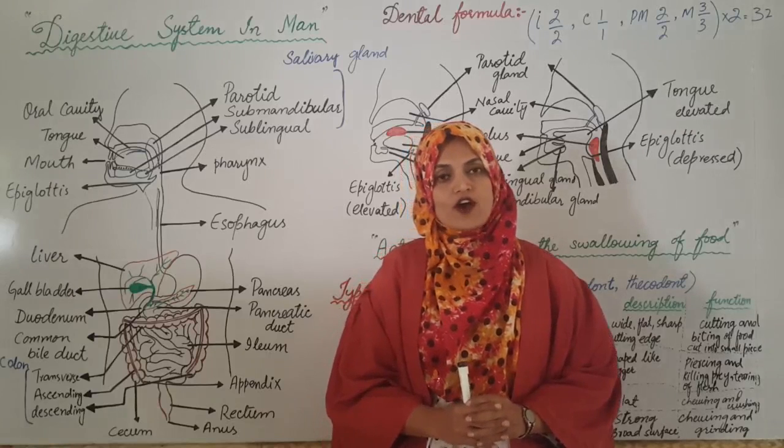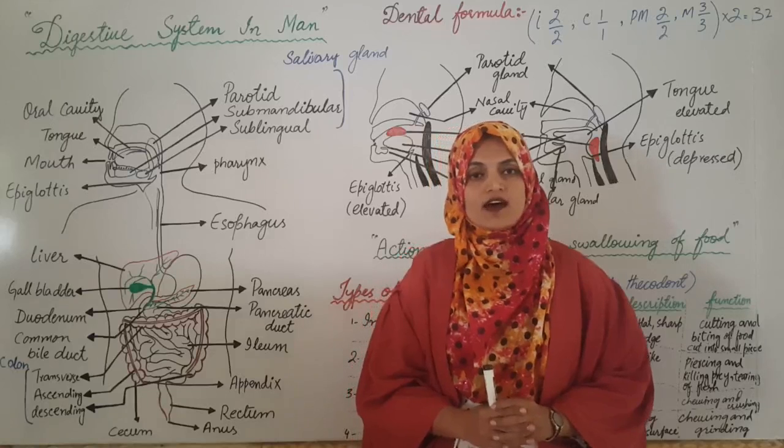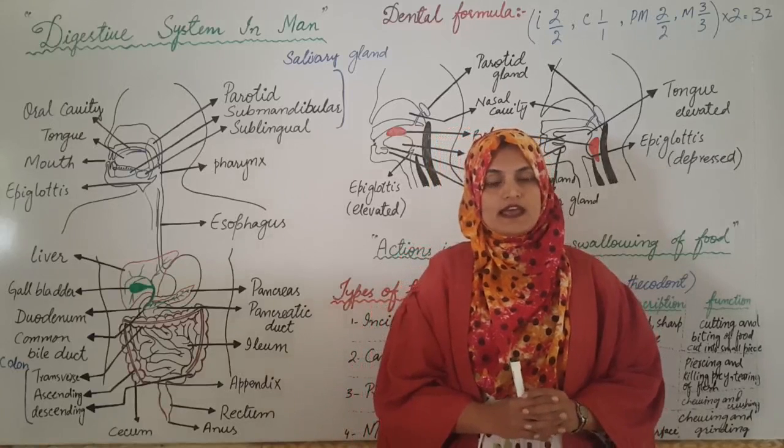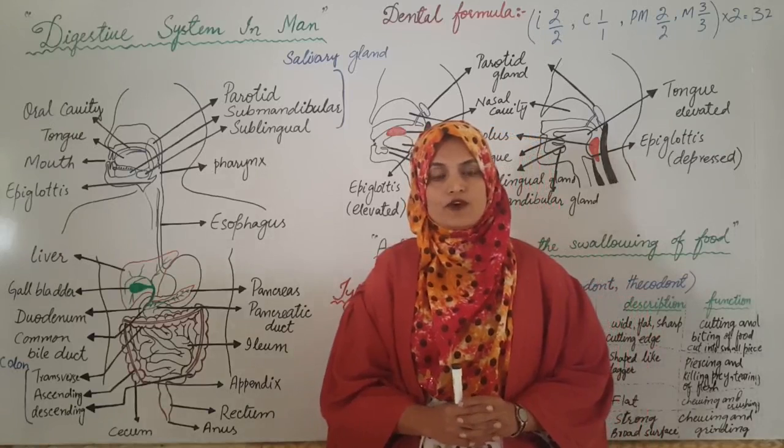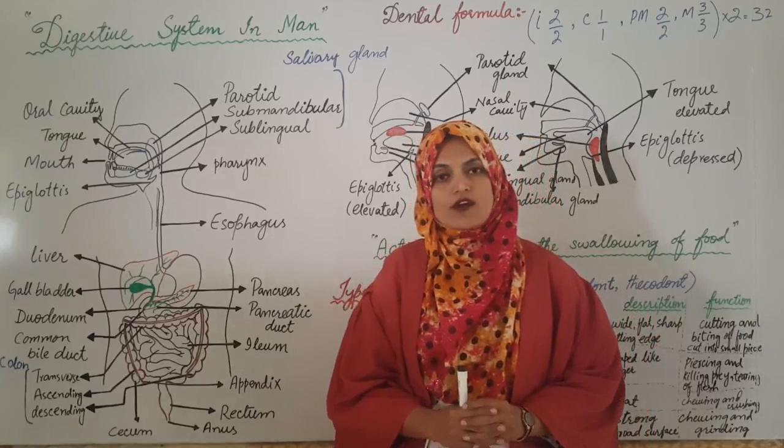When the surface area of the food increases, saliva mixes with the food, and the food becomes soft because of the content of the saliva.